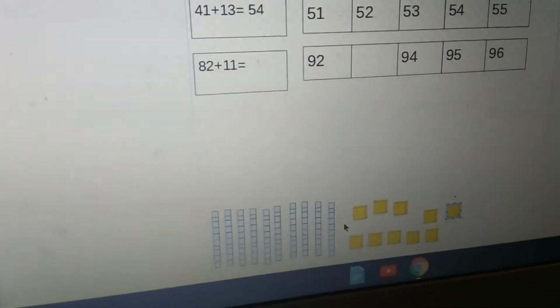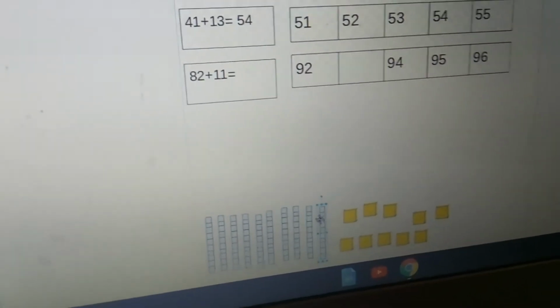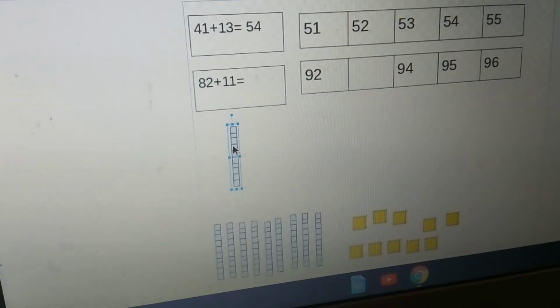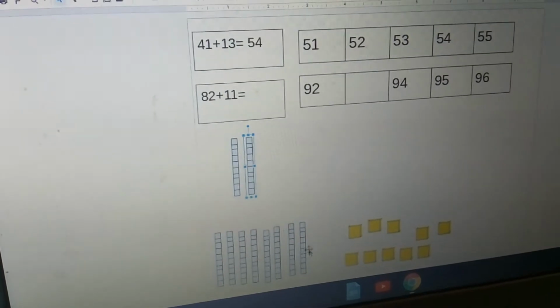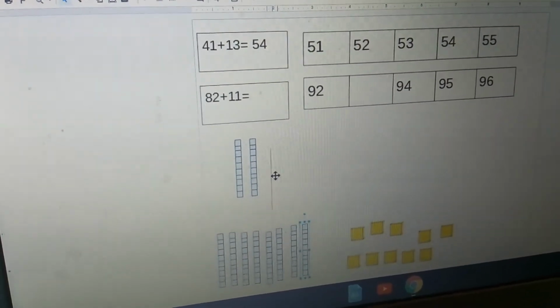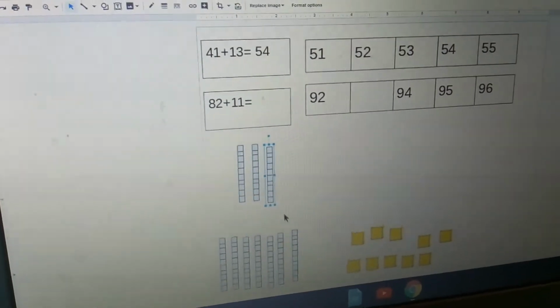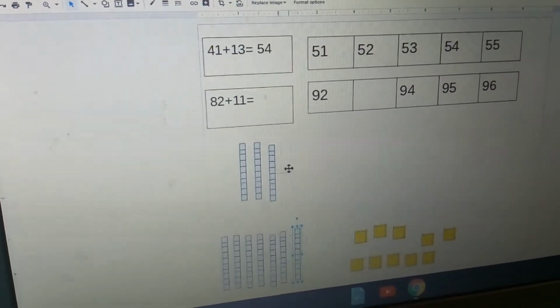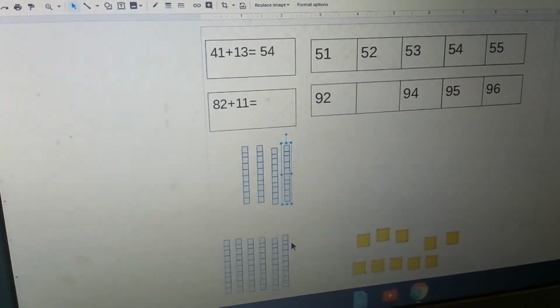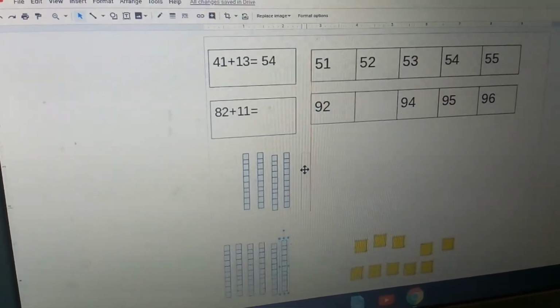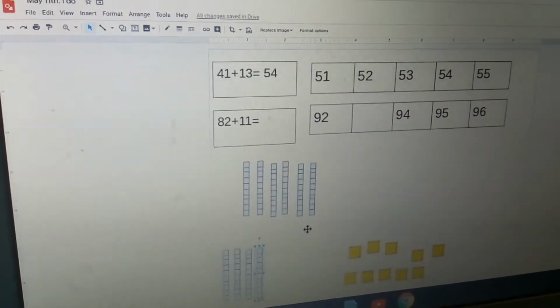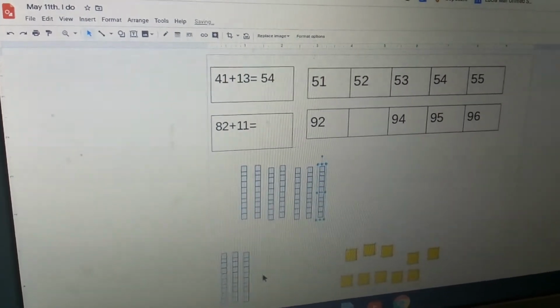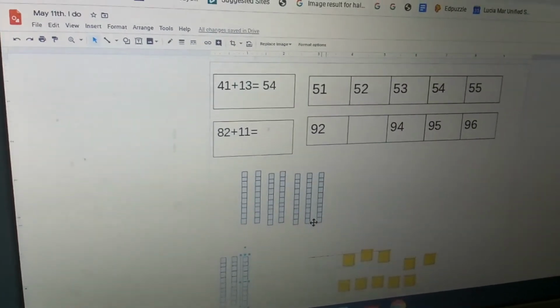So going down here, whisper to yourself as I pull these up as we count by tens. 10, 20, 30, 40, 50, 60, 70, 80.